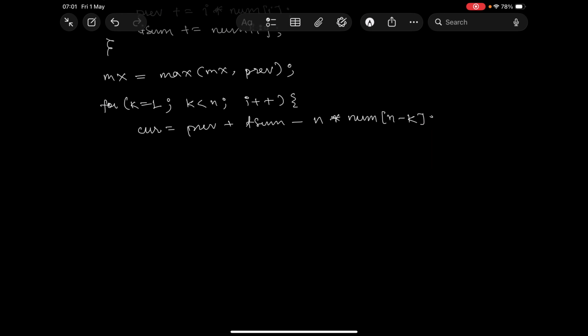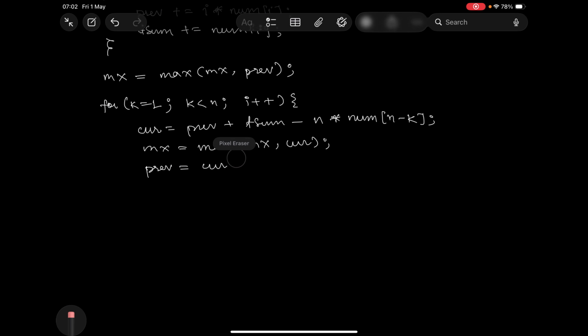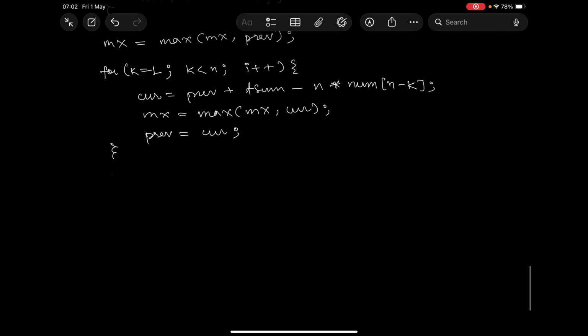Now mx equal to max of mx comma current value. We need to update the previous value every time so that it will be used for the next current value. So the previous will be updated to the current value. After all this, we can return the max answer.